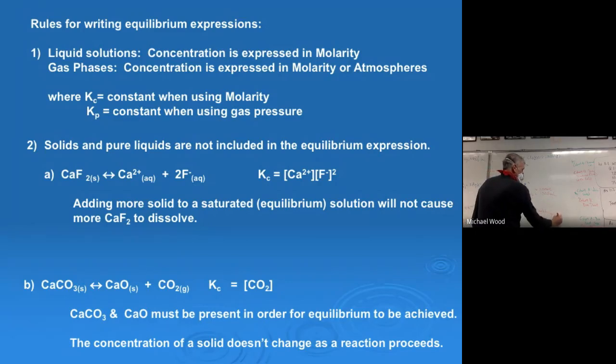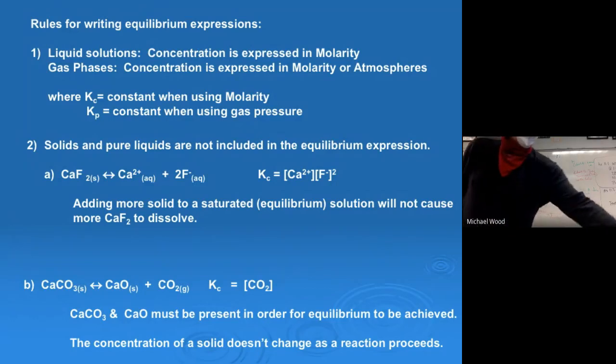So again, I'm trying to find the molarity of pure water. If I have 1,000 grams, and I want to get that into moles, water is 18 grams for 1 mole. That's 55.6.